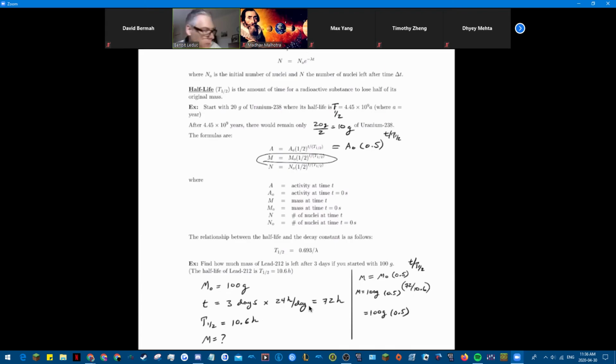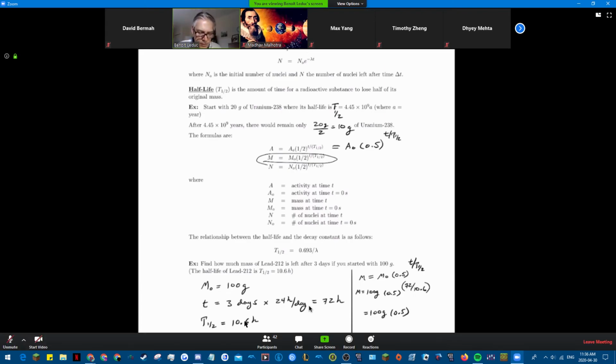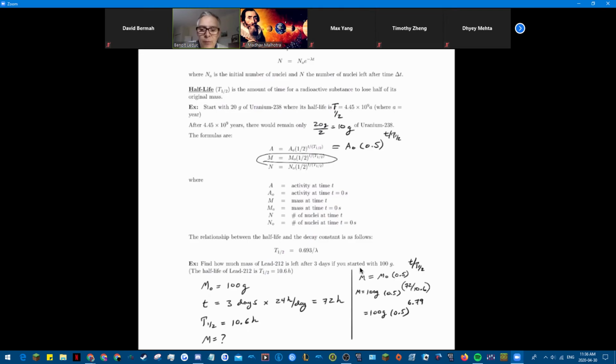So figure out what 72 divided by 10.6 is. Let me see here, 72 divided by 10.6 gives you about 6.79, roughly. Now you have to take 0.5 raised to the power 6.79.